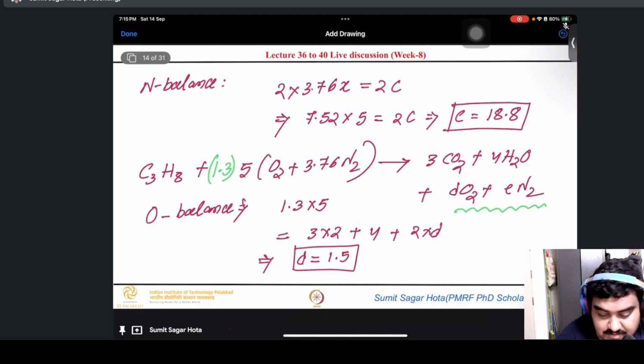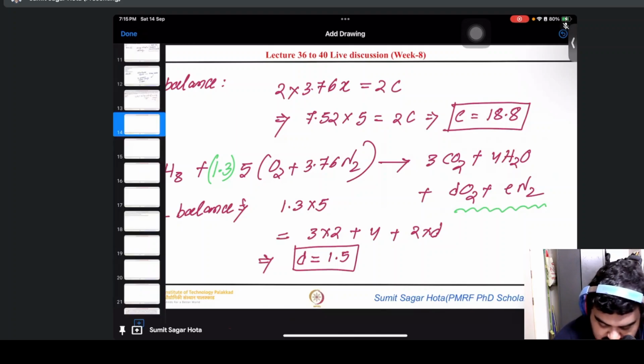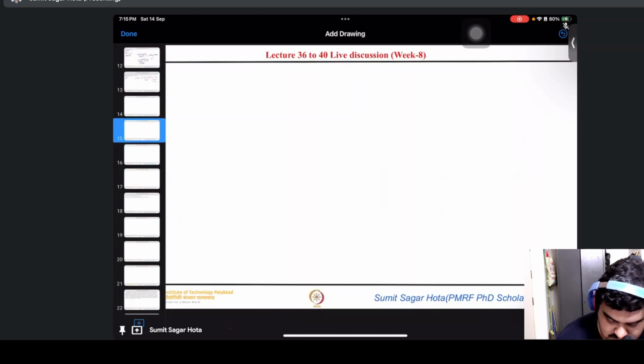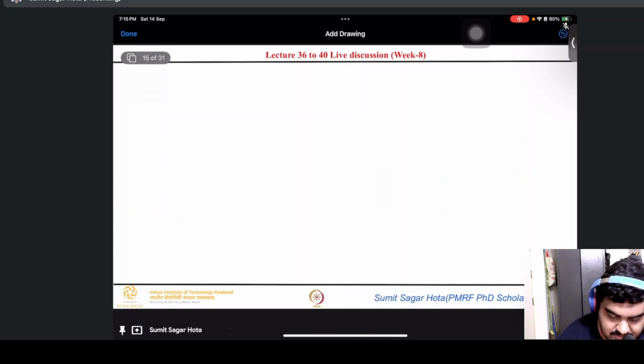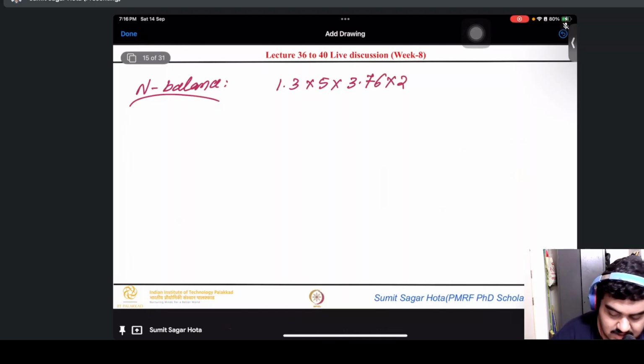Next we have to find out E, so for E we go for the nitrogen balance. Left hand side nitrogen 1.3 into 5 into 3.76 into 2, since 2 nitrogen atoms are there in one nitrogen molecule, equal to 2 into E. So E will be 24.44.